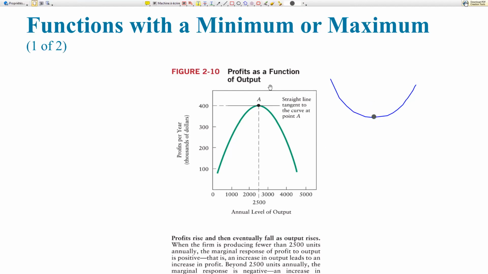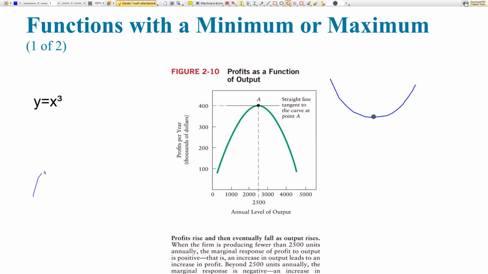It's possible to have a tangent line of 0 that is neither a minimum nor a maximum. If you have y equals x^3, it would look like this, drawing with the best of my ability.